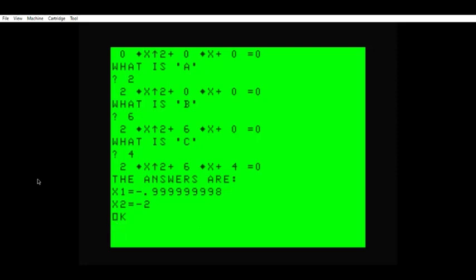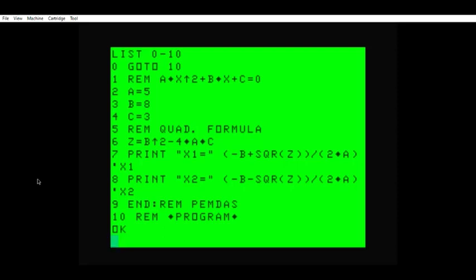what this computer does is that, and I'm going to list the program line by line here so you can see how the program works. What it actually does is, the part that's under the square root, b squared minus 4 times a times c, that part of it has to be broken down.